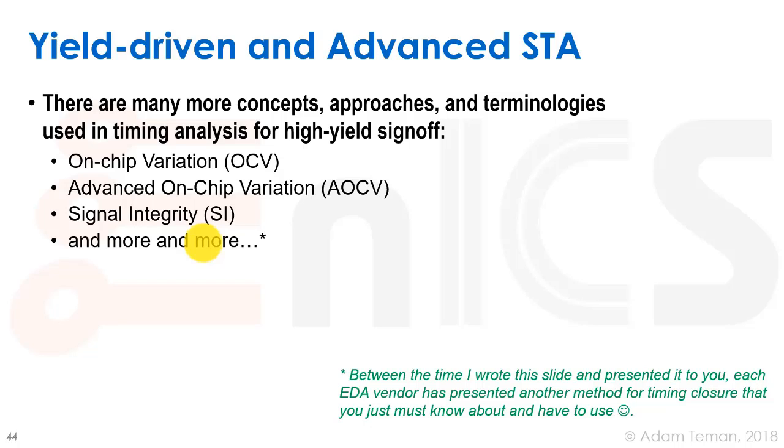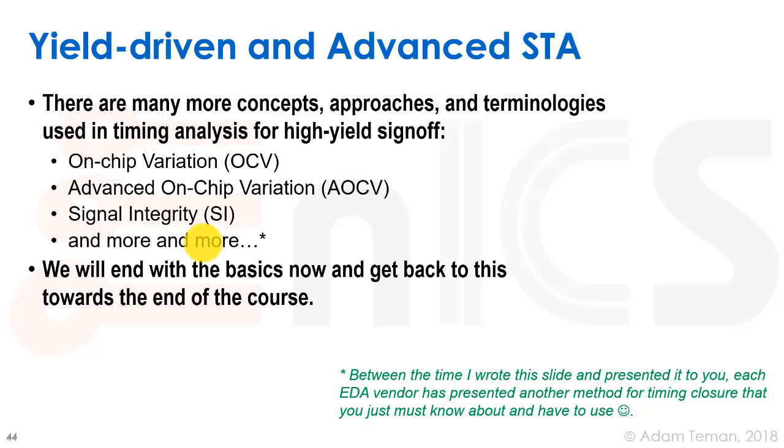For example, on-chip variation, or OCV, advanced on-chip variation, AOCV, even parametric on-chip variation, POCV, signal integrity, and there are many more. In fact, I put a little asterisk here saying that between the time I wrote this slide and presented it to you, each EDA vendor has presented another method for timing closure that you just must know about and have to use, or else your chip is not going to work. Okay, that is obviously cynical, but it's true.